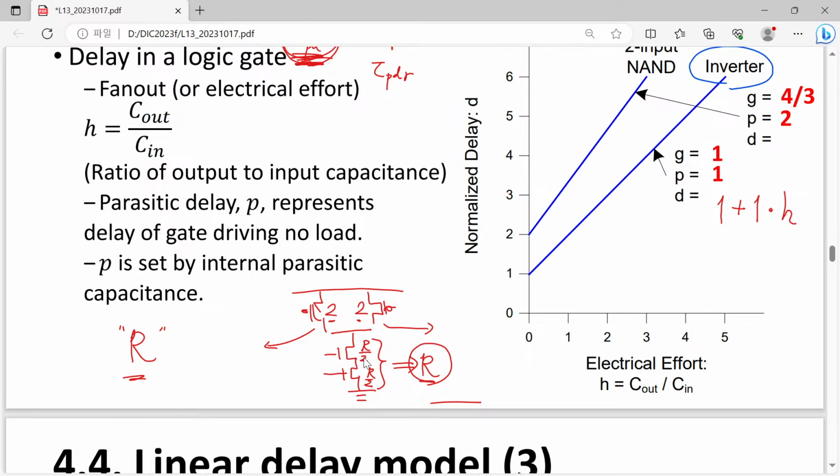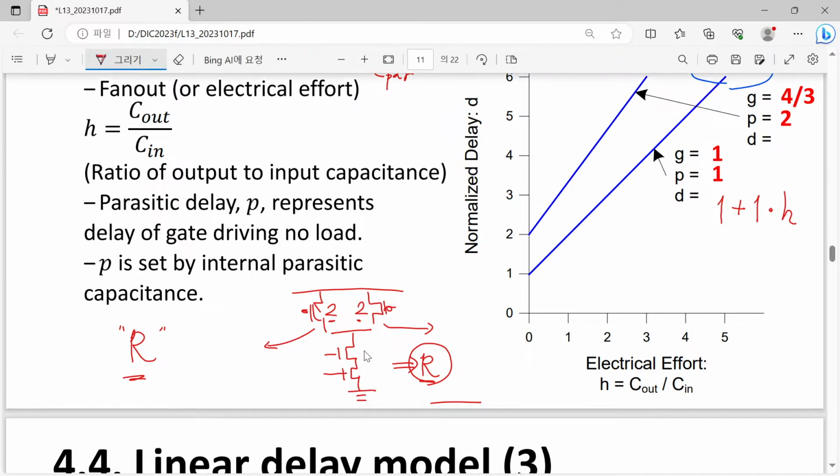So in order to have half R, our N MOSFET should be sized 2 times wider than the unit transistor. That is the way of our sizing problem.